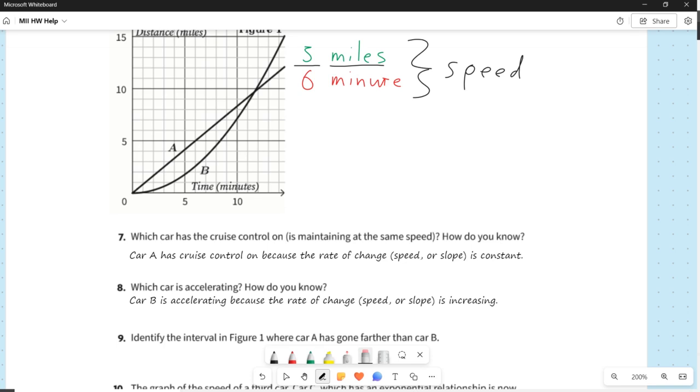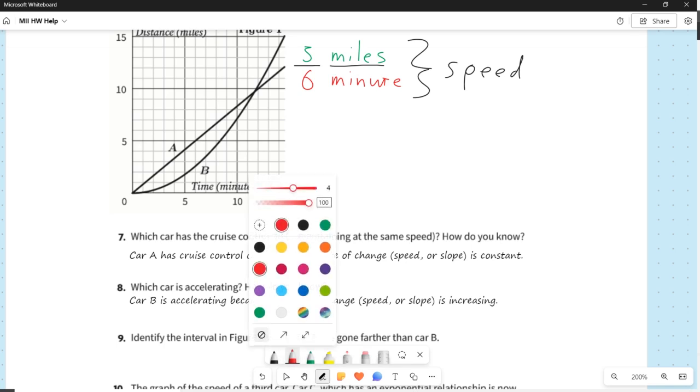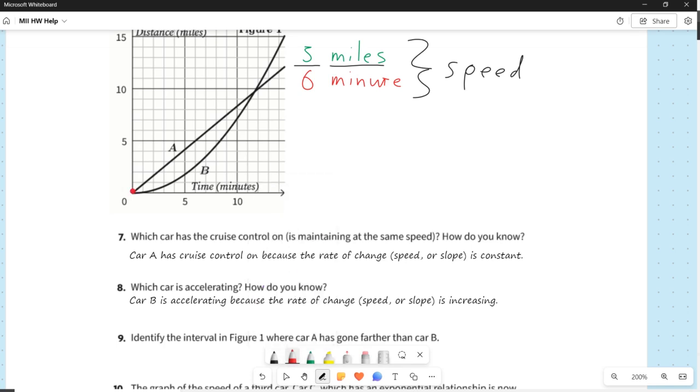So if we want to identify that, then it looks to me like at 0, car A pulls out in front immediately, right? Car B is starting off a bit slower, right? So car A, as soon as time starts, is almost immediately in front of car B. And that continues, right?